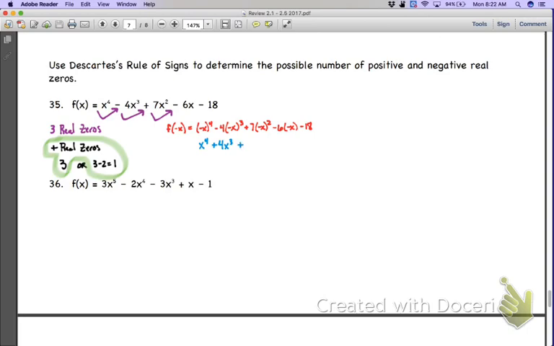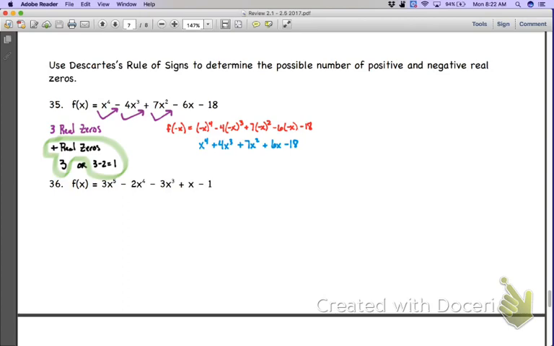It's going to be positive 7x squared, because a negative x times a negative x is a positive x squared. Negative 6 times negative x is positive x, or 6x, and then minus 18.